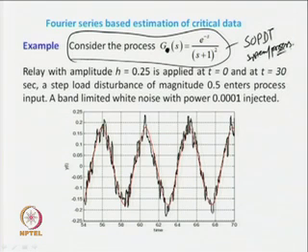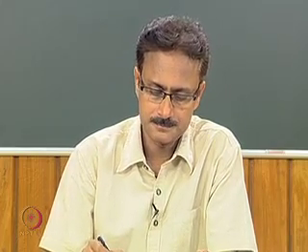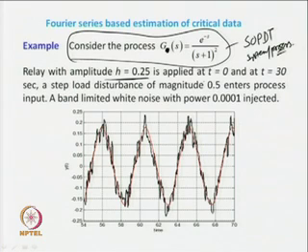is now subjected to a relay test with the relay amplitude of h equal to 0.25. So, we are employing a symmetrical relay, and when the relay is switched on at time t equal to 0, then from time t equal to 0 we get some output signal.